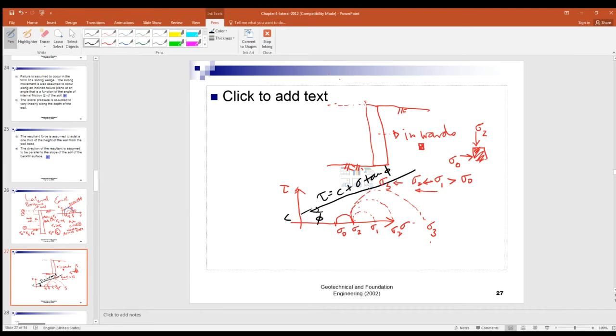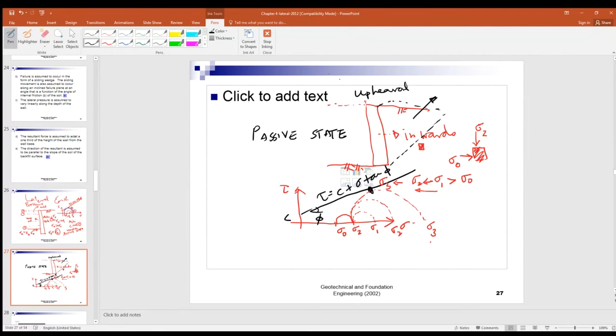Now, if that Mohr circle 3 touches this envelope line at this point, then the soil comes to a passive state. And probably this soil is going to move upwards, or in other words, it gives you some upheaval of the soil surface.